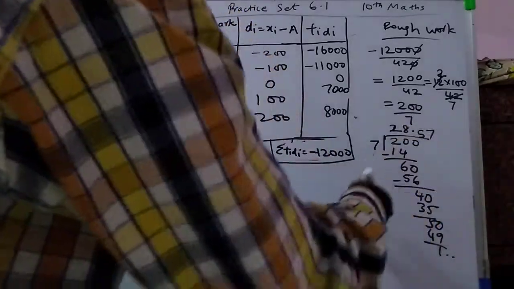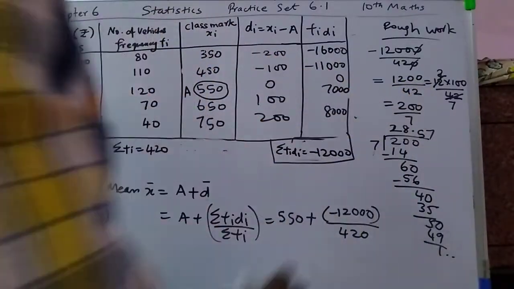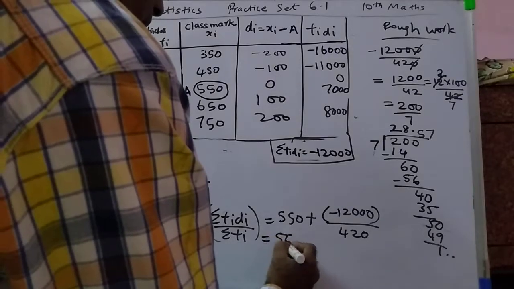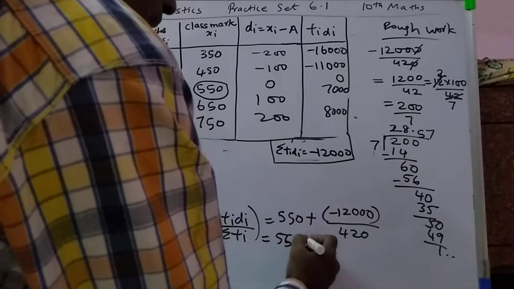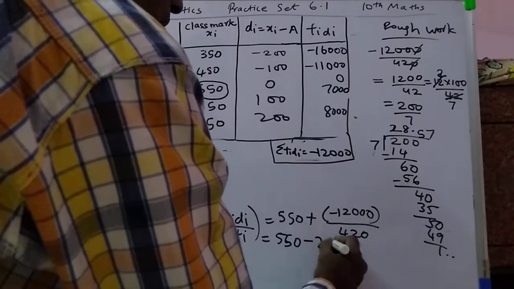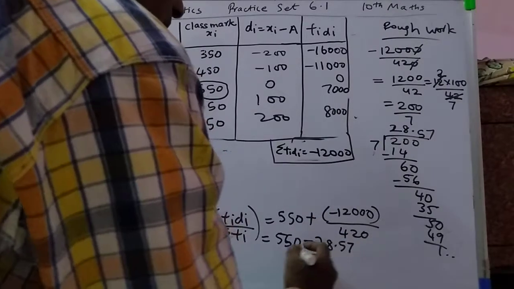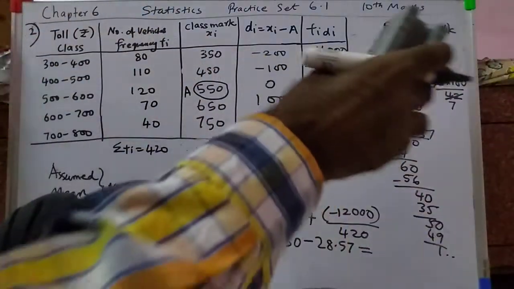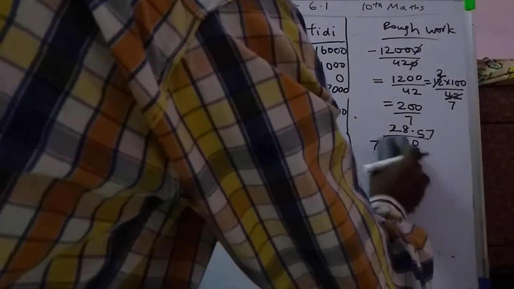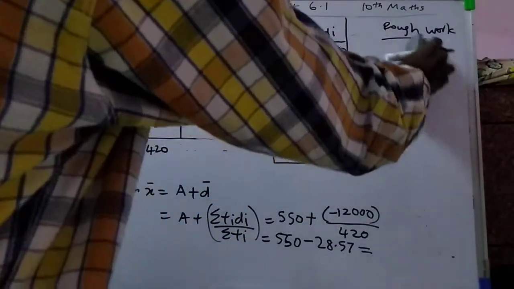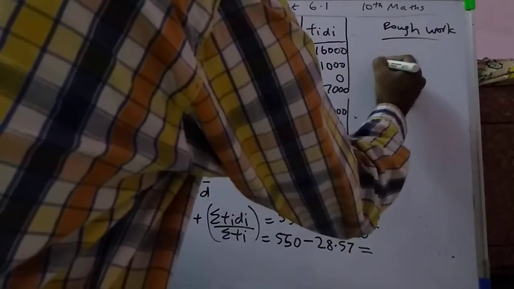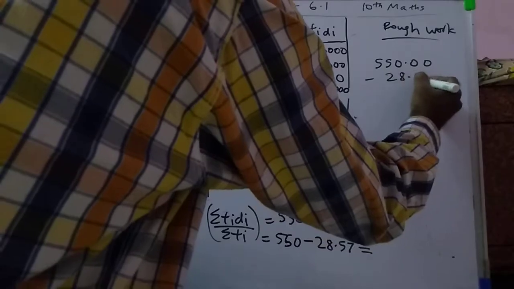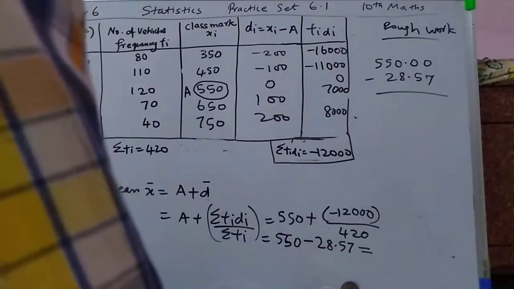You want to write that here. So that value you put it here, that is equal to 550 minus 28.57, that we calculate here.